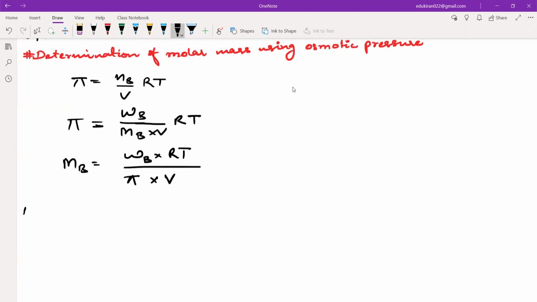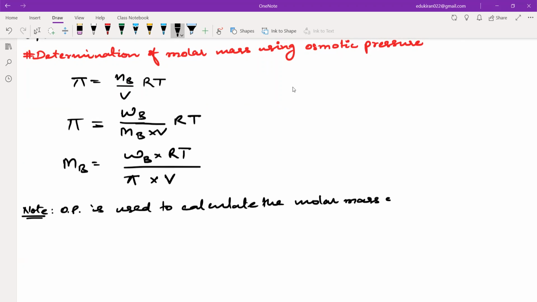Write a note. Osmotic pressure is used to calculate the molar mass of macromolecules.